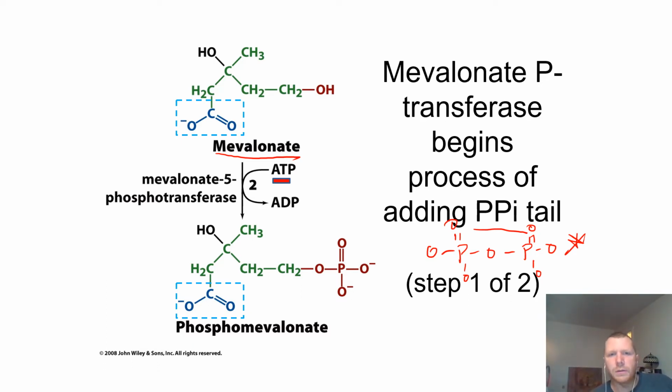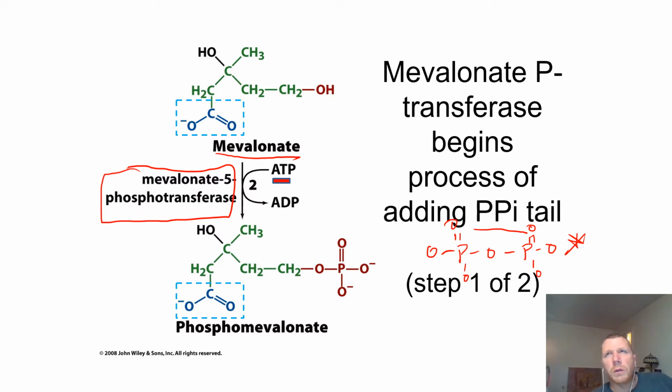With that said, if you're going to target this enzyme right here, mevalonate 5-phosphotransferase, you have to think, what would your inhibitor look like? Well, if it's a competitive inhibitor, then it's going to look like one of the substrates. One substrate is mevalonate, the other substrate is ATP.